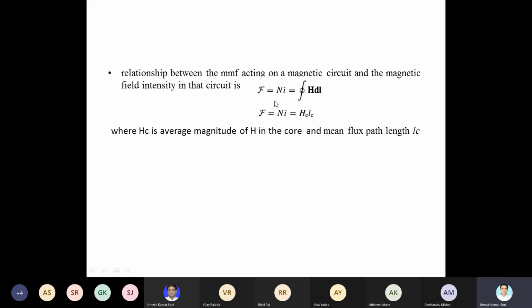Now it is related that the MMF acting on the coil, acting on the magnetic circuit, is equal to Ni.